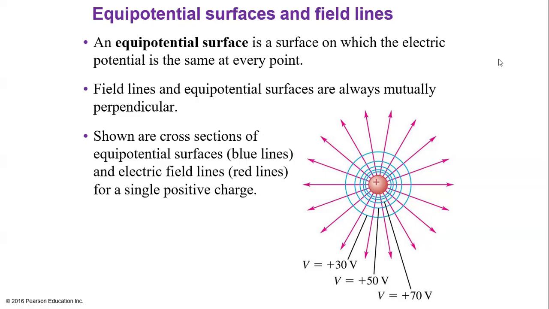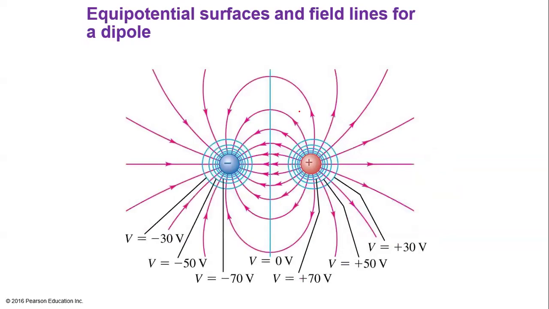For a single positive charge, at this point here, if you want to find the potential, you will get 30 volts, and from here to here, also 30 volts, and from here to here, 30 volts. That's what we call equipotential surfaces.